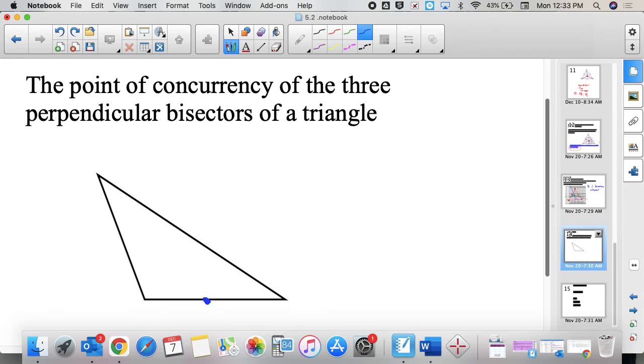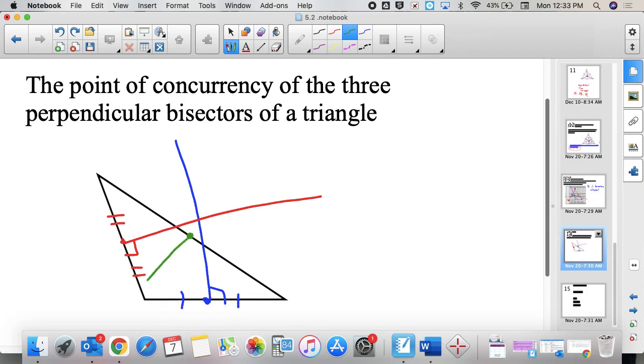So 1 perpendicular bisector, two perpendicular bisectors. Now, if I draw my third one in here, remember, a perpendicular bisector is actually a line.